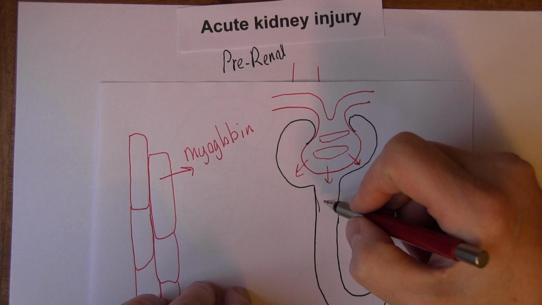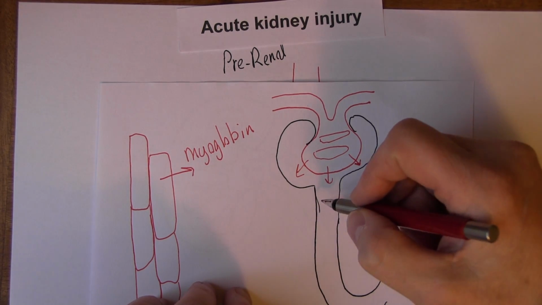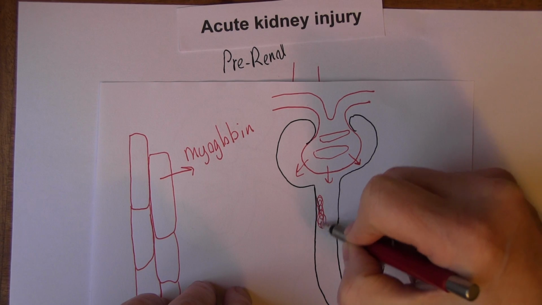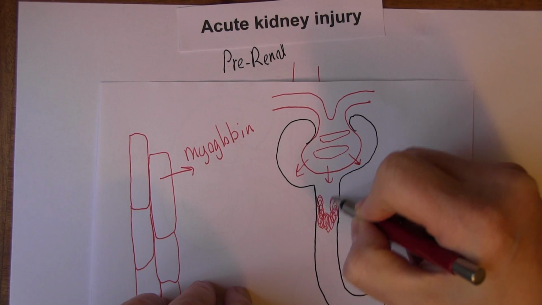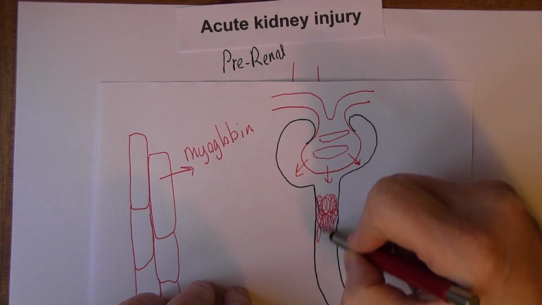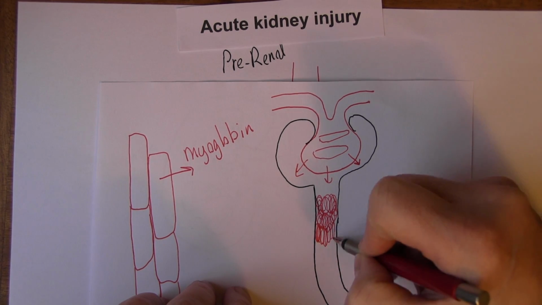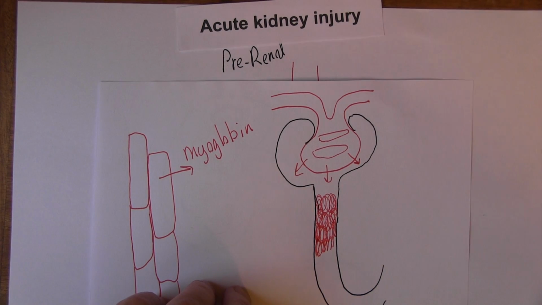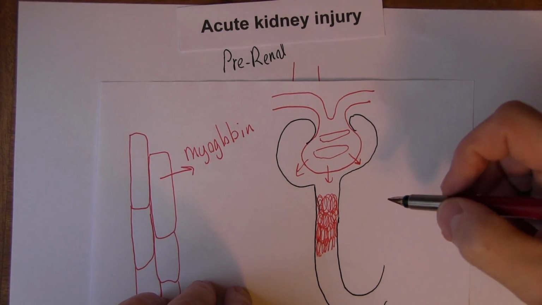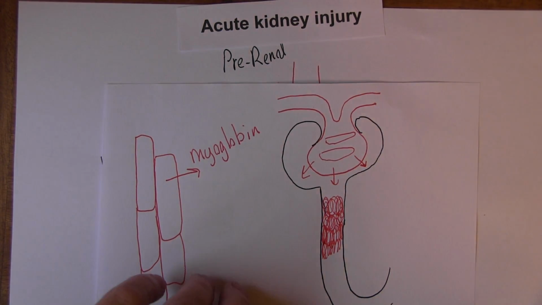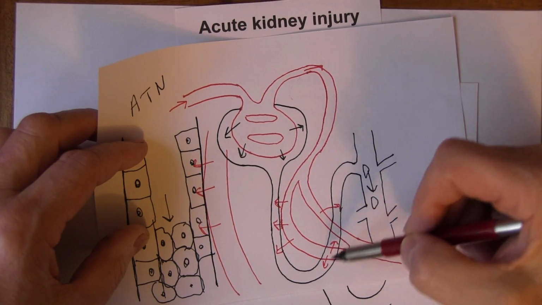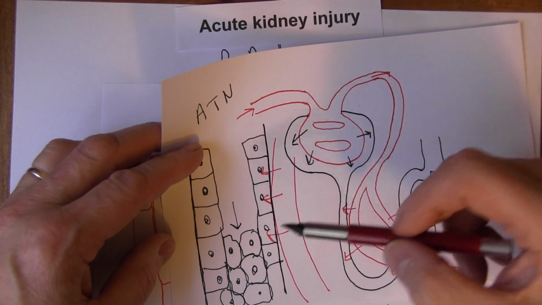But the myoglobin is a long complex molecule, and it gets a bit sticky and it starts clogging up the inside of the nephron. So it's a fairly analogous situation really to acute tubular necrosis. Again, the nephron is clogged up, so that means that the material can't get through, just as with acute tubular necrosis.